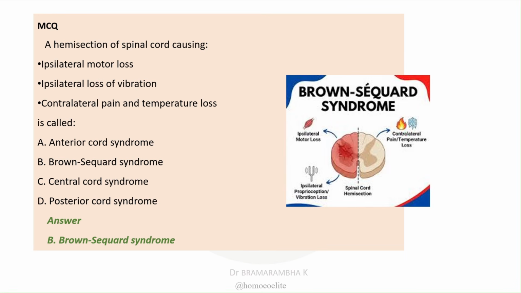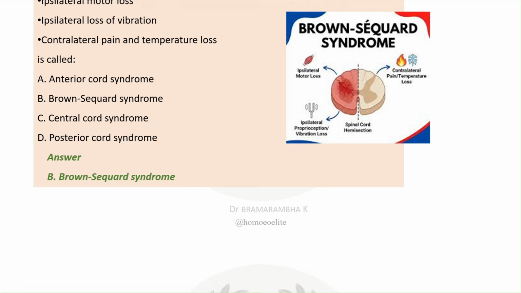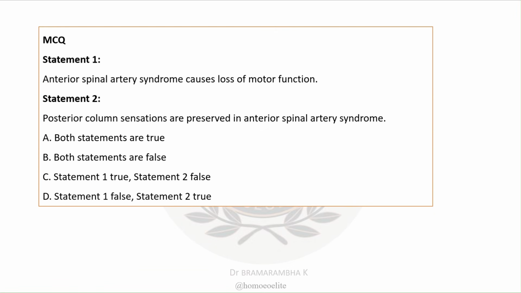The answer is Brown-Sequard syndrome. Whenever there is a hemisection of the spinal cord, there is ipsilateral motor loss and loss of proprioception and vibration on the same side of injury. Contralateral will be more of pain and temperature.